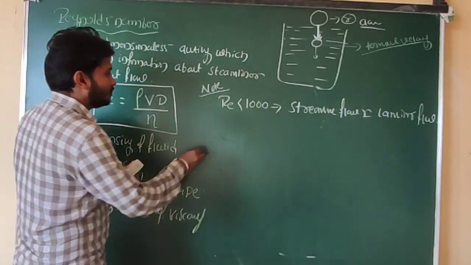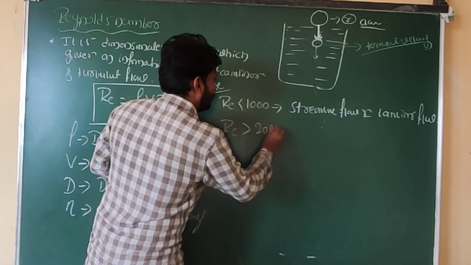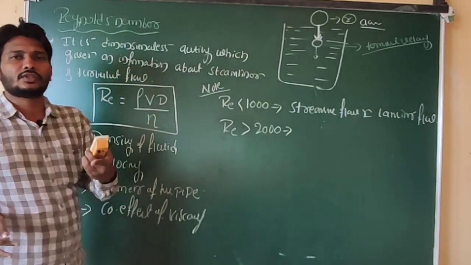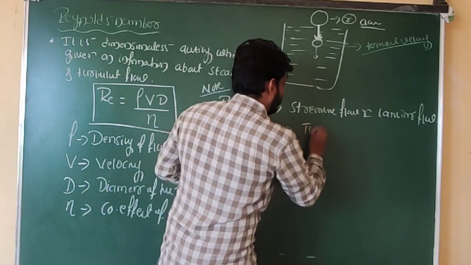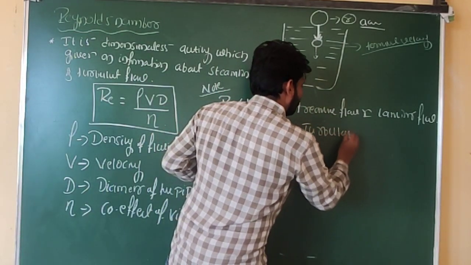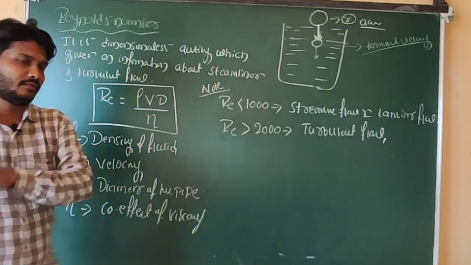If the Reynolds number value is more than 2000, then that kind of flow we can consider as turbulent flow.